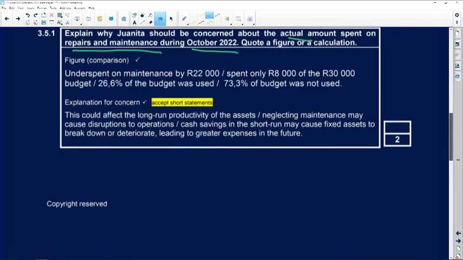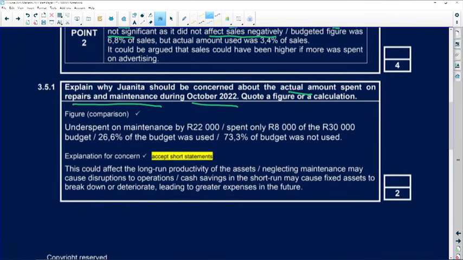So Juanita again underspent on maintenance by 22,000, spending only 8,000 of the 30,000. So only 26.6% of the budget was used, and 73% was not used. Now, why is this a concern?